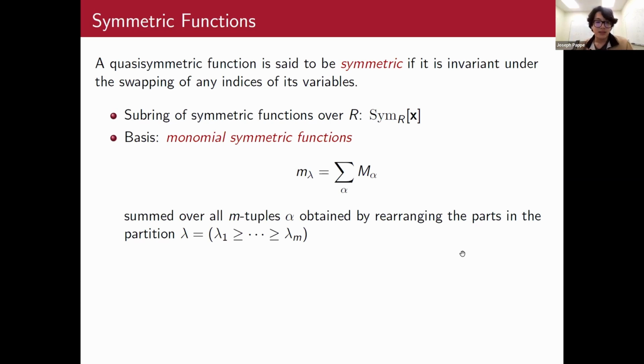And so this little m sub lambda is equal to the sum over all monomial quasisymmetric functions, where we're summing over all m-tuples that can be obtained by rearranging the parts of lambda.